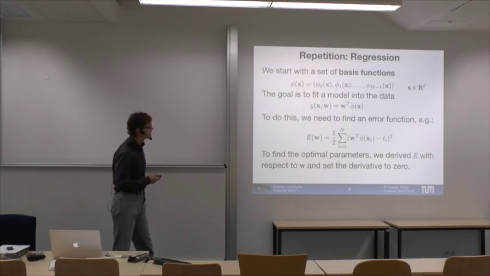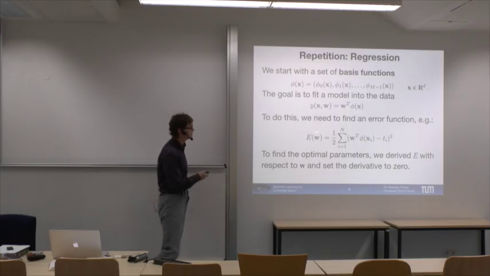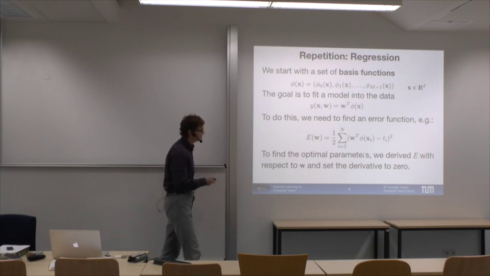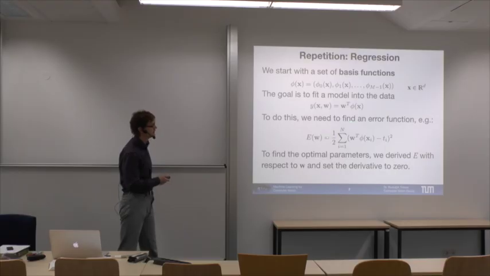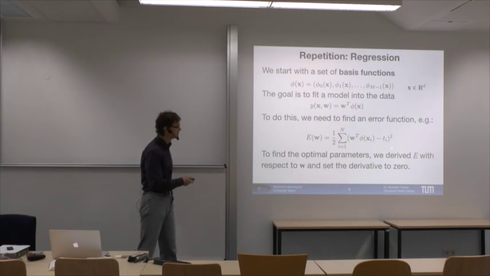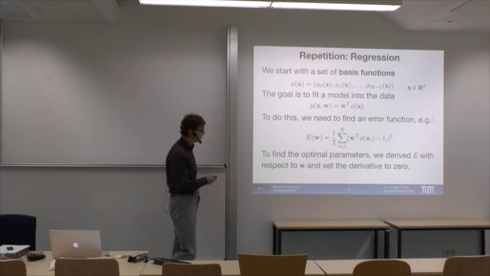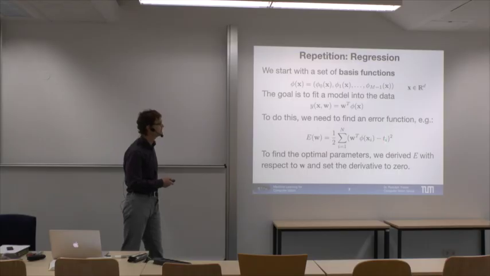So that means what we have to do is we build up this error function here, E of w. w are the parameters again, and we'd like to minimize this error function, right? In this particular case, we minimize the squared error between our model prediction and our true data, right? This is the true data here, t_i.